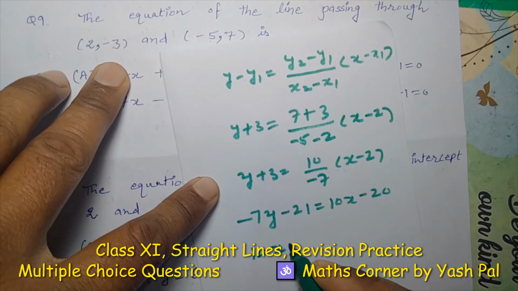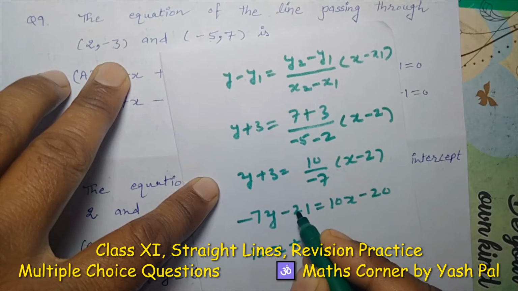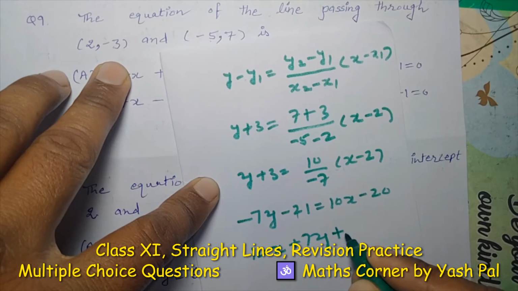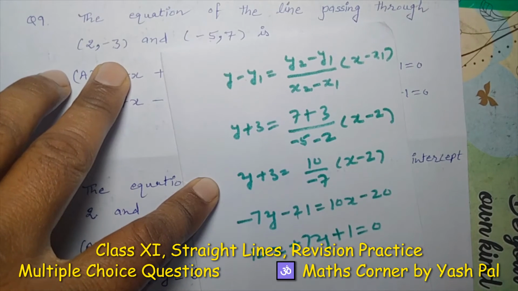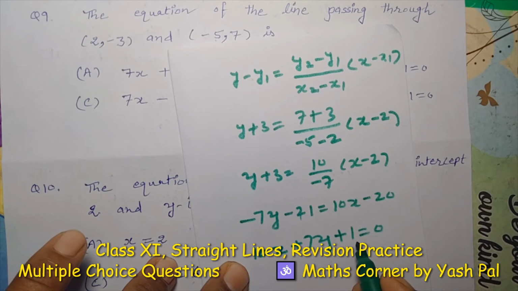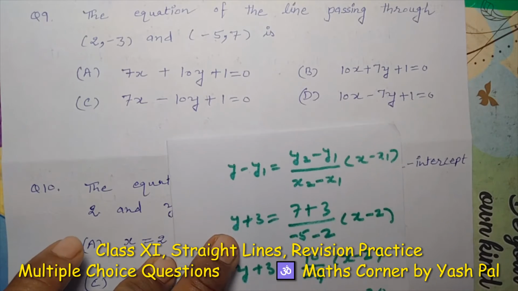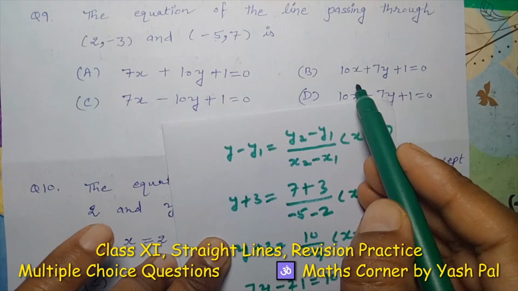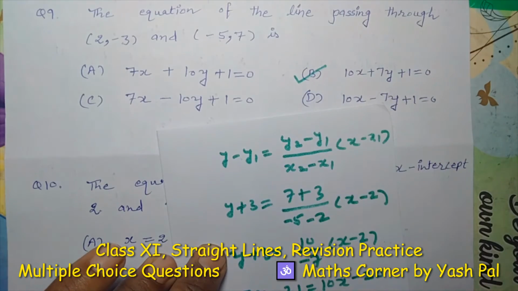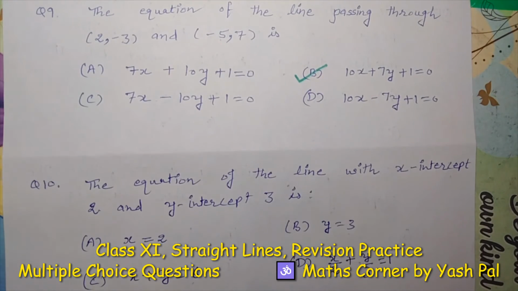So we have 10x plus 7y, minus 21 will also go to right hand side, becomes plus 21, so plus 1 is equal to 0. 10x plus 7y plus 1 is equal to 0. That is option number B is the right choice to this question.